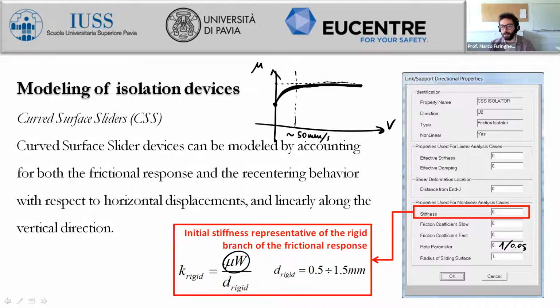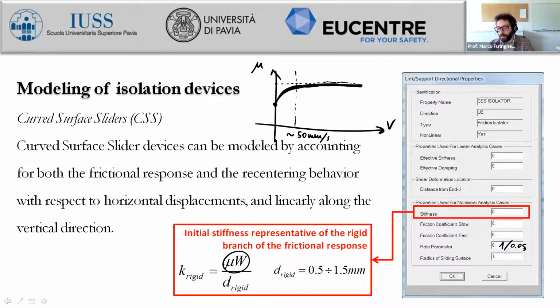So this means that this dependency could be neglected. So what you can do is just to consider the friction coefficients low and fast equal to the same value, the design one, and whatever is the rate parameter, once you set these two values equal, this doesn't have any influence.